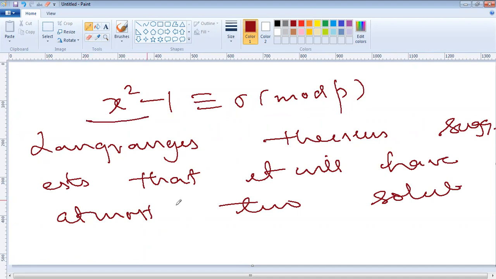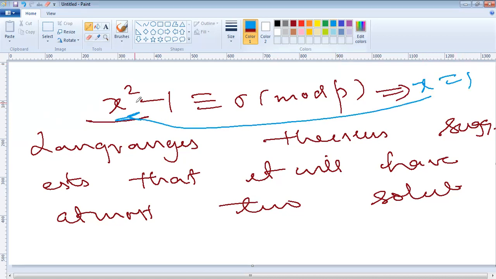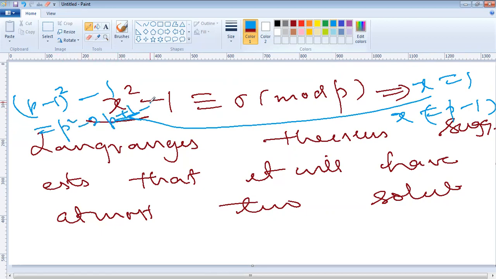And what are those 2 solutions? If you see carefully, x equal to 1 will satisfy this, because 1 square minus 1 is congruent to 0 modulo p. If you put x equal to p minus 1, this becomes p minus 1 whole square minus 1, which is equal to p square minus 2p plus 1 minus 1.